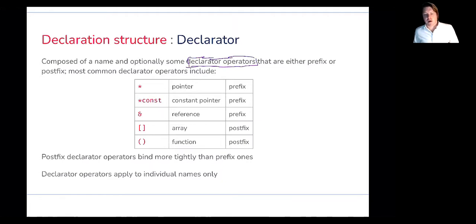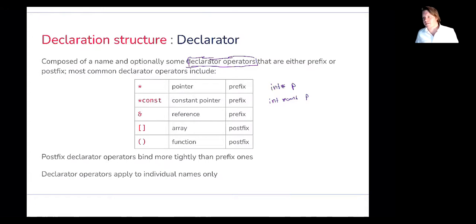We could have a prefix asterisk, to say that we're creating a compound type, a pointer. That would look something like int asterisk p, which would say that p is essentially going to be a pointer to an integer. Another declarator operator could be int const p, where p is going to be a constant pointer to an integer object.